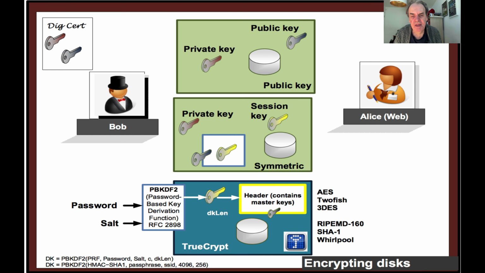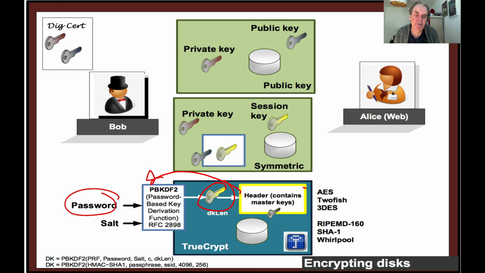This is TrueCrypt. TrueCrypt has a key which is generated that opens up the header of the disk. The header of the disk contains all the master keys that have been used for the encryption, all of the encryption methods and so on. To protect that, we use what's called PBKDF2, or password-based key derivation function, and what's used in Wi-Fi and so on.